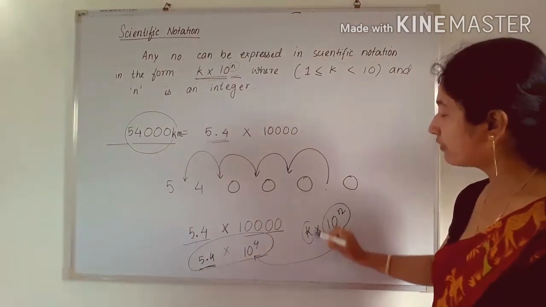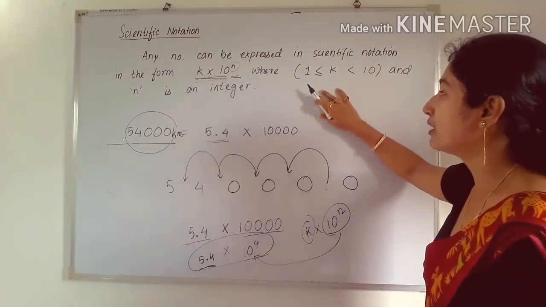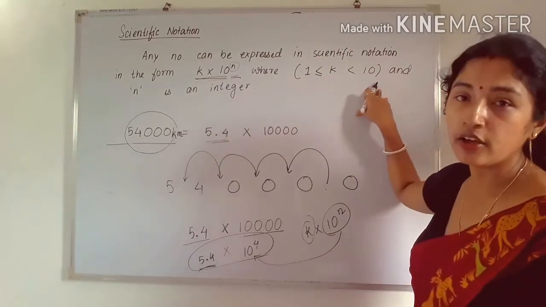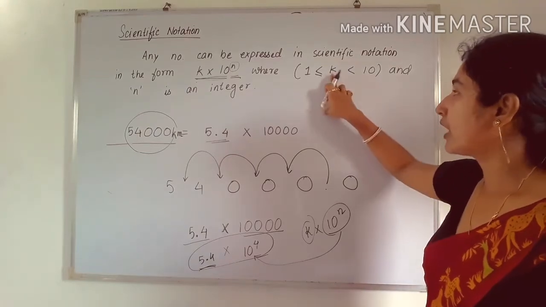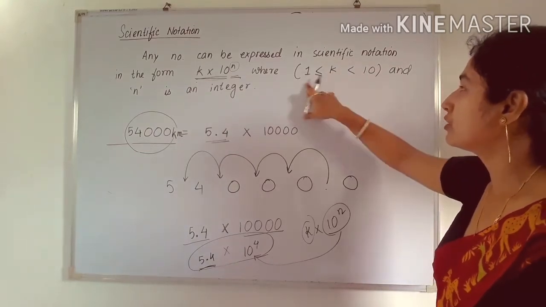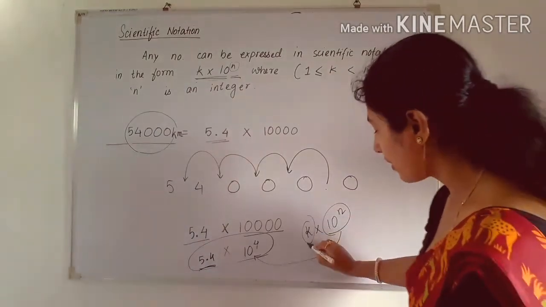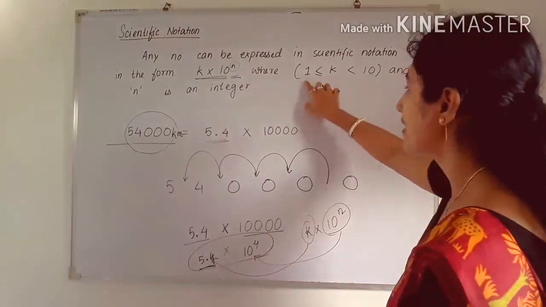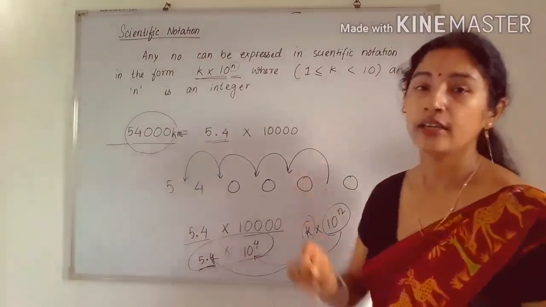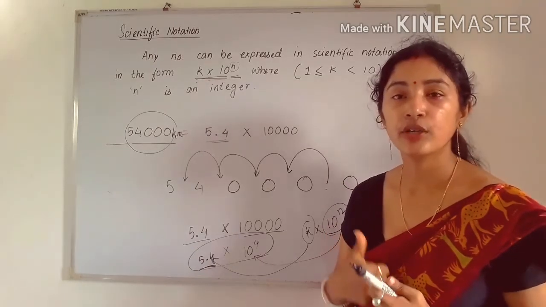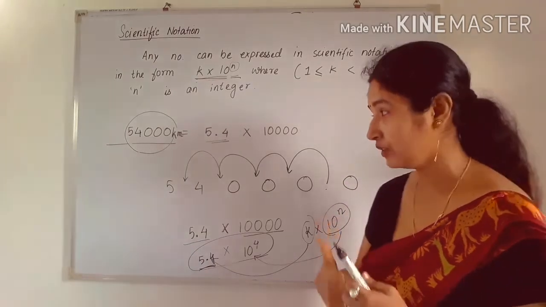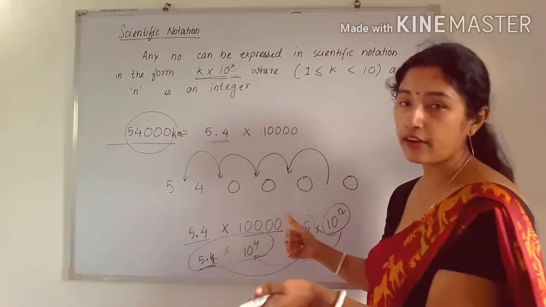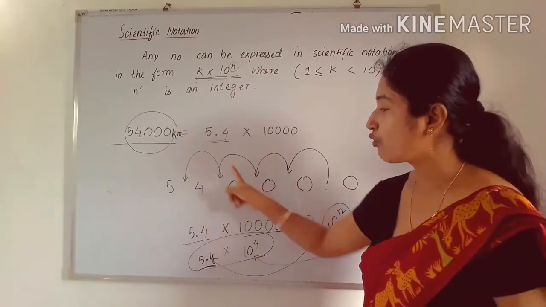And k, you know the value of k? K should be from 1 and up to, we can take 9. We cannot take 10. So the value of k lies between these two numbers, and you have to check the value of k. K is 5.4, and 5.4 lies between these two numbers. Yes. So that's why I am shifting the decimal point towards the left, 4 places.